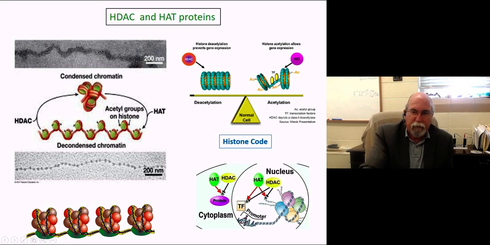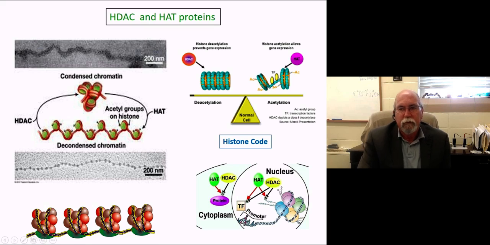Now, just pointing out here, there actually are deacetylators, or HDAC and HAT, that occur out in the nuclear region and then in the cytoplasmic region. Now, ones in the cytoplasm tend to acetylate proteins and activate and deactivate proteins, but very similar types of proteins are actually found that can cross the nuclear membrane here, the transmembrane, and can work inside of the nucleus itself.